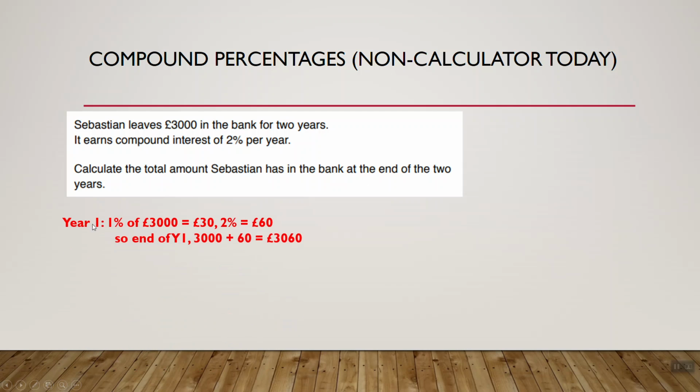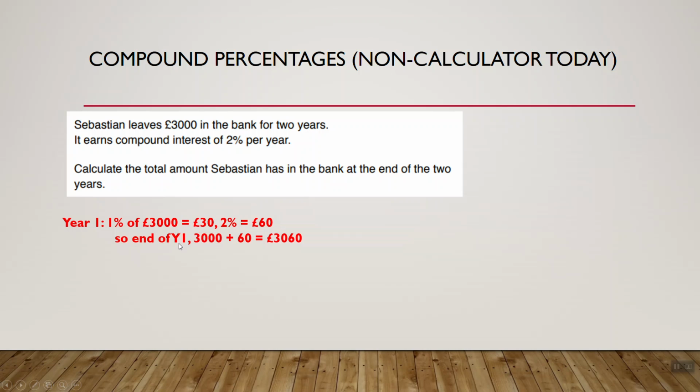So in the first year, the first thing we have to do is work out what 1% of 3,000 is, and we do that by dividing by 100, which takes off 2 noughts, so 1% is £30. If 1% is £30, 2% is going to be double it, which is 60.